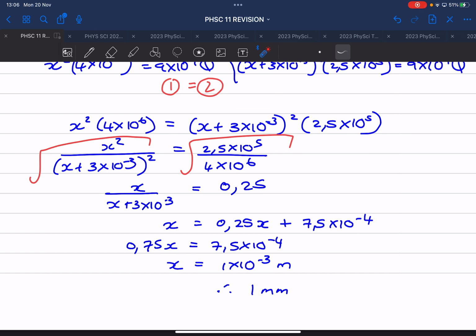Sterkte jy met daai ene. Ja, jy het 'n formule wiskunde. As dit vir jou makliker is, go for it. Okay, ek wil dit baie graag sien hoe dit makliker is. Go for it.